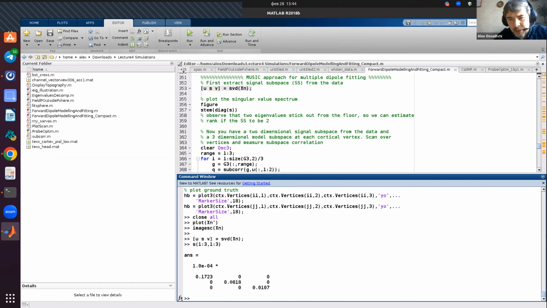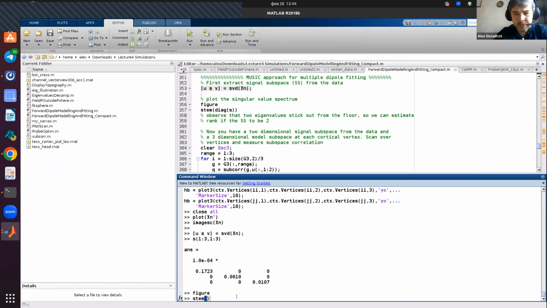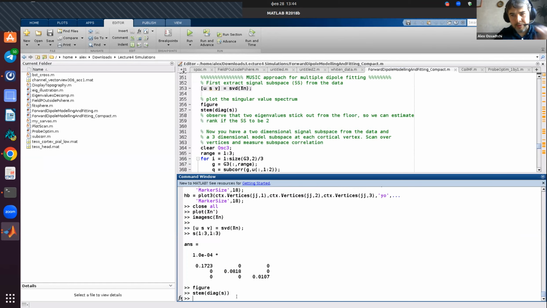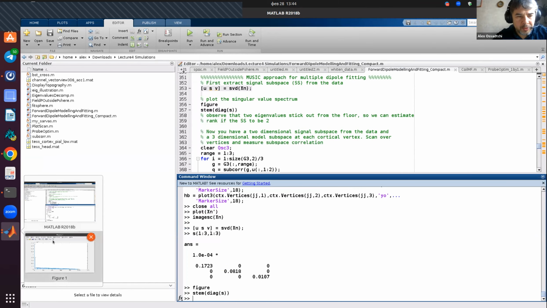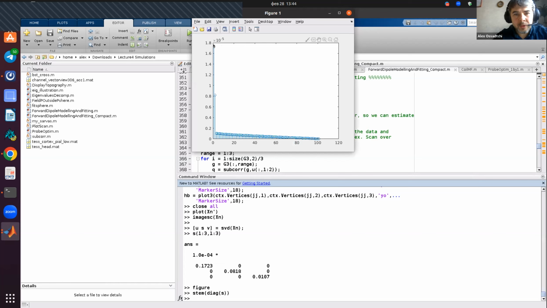And if you plot stem diag, stem is just this kind of plot. You got this guy, 1.7, right? 10 to the minus 5, 0.9, approximately 0.8. And then the rest. I've just shown the third one here, but they will be all small.